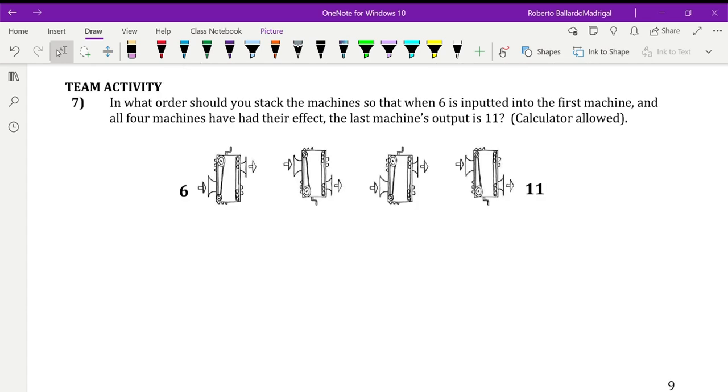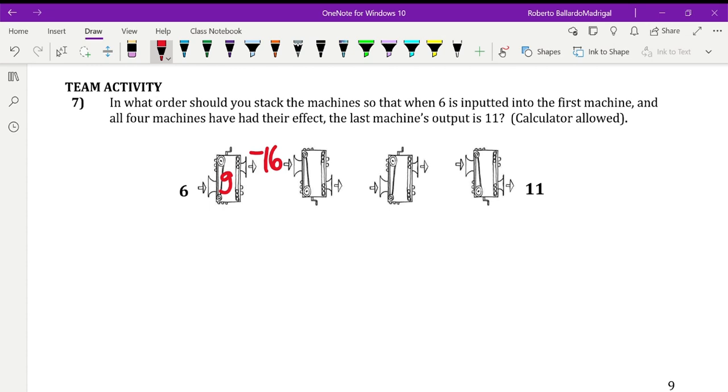Looking up at the screen. We start with the 6. I gave you the first one. I said the first one was G. When you plug in 6 into function G, you get an output of what? Positive or negative 16? Negative 16. Negative 16 goes into which function next?